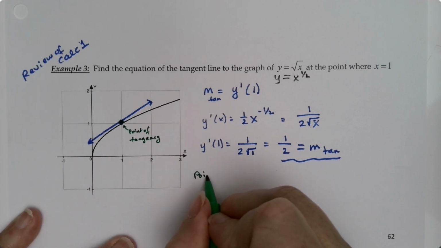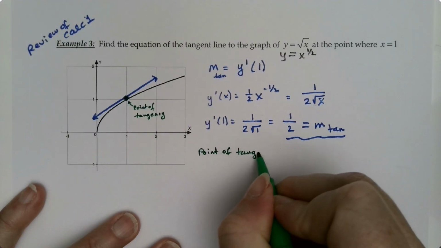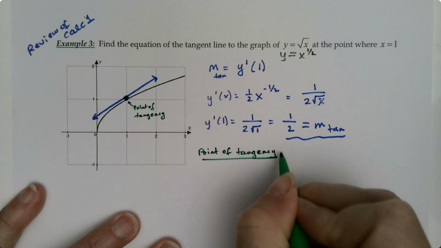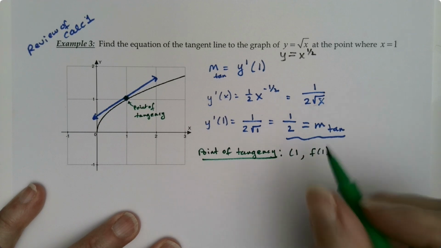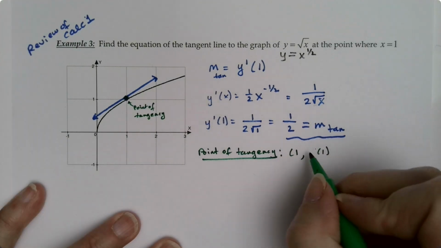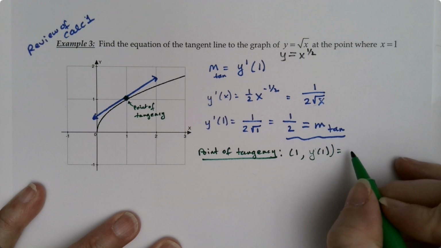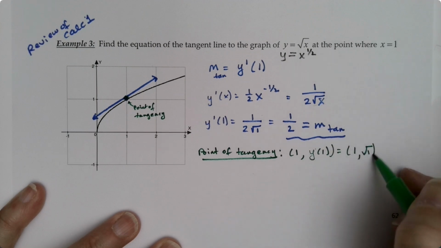So the point of tangency would be equal to 1 comma f of 1, or y of 1 in this case, because this function's just named y. So that would be 1, and then the square root of 1, which is 1. So (1, 1).